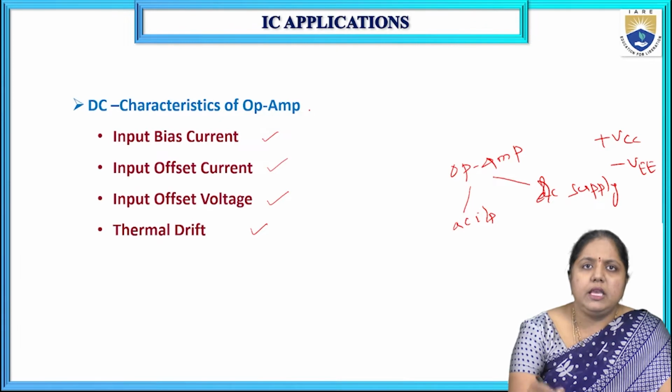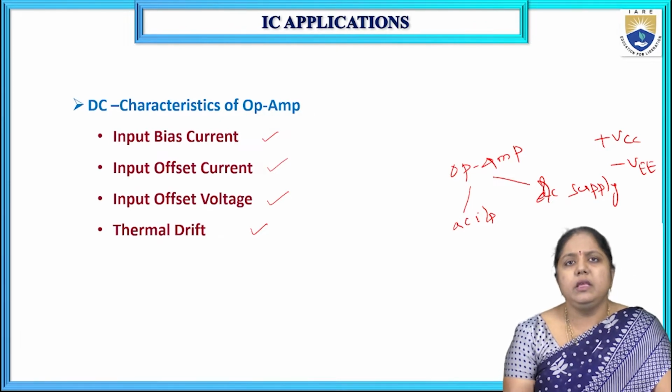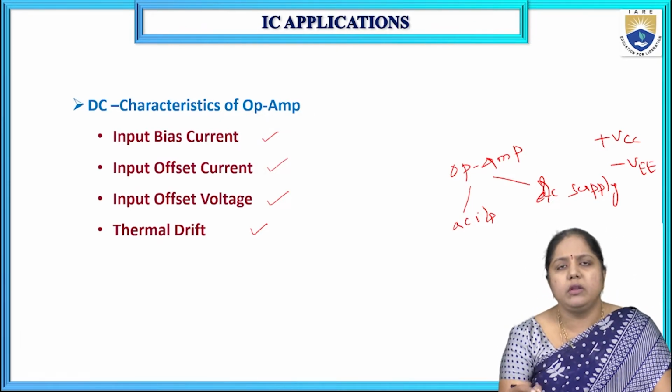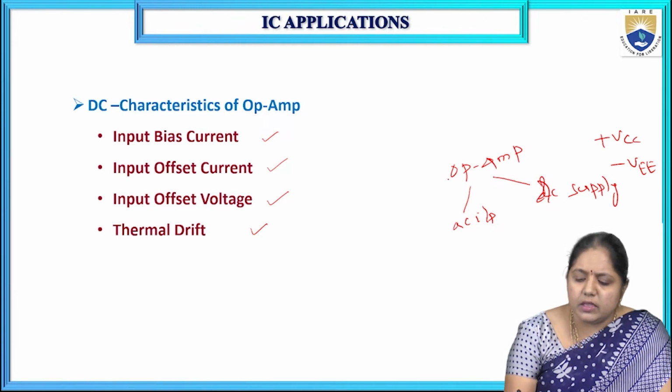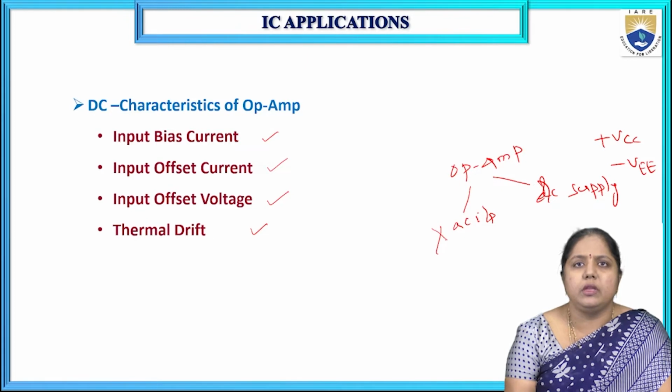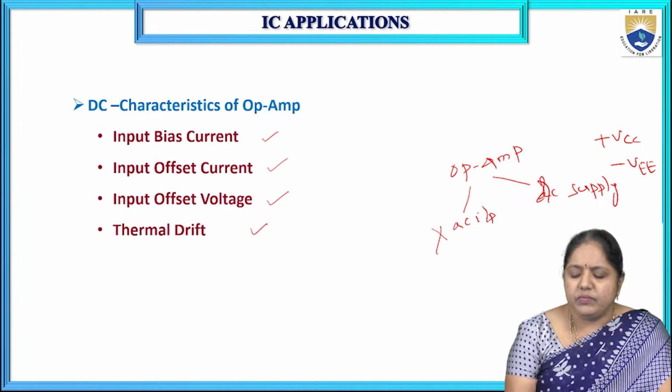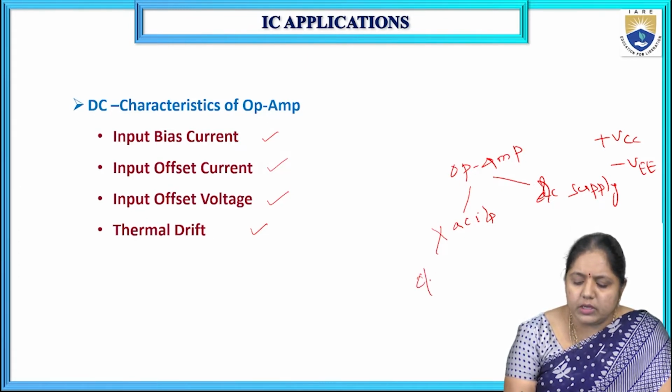Coming to the DC characteristics of the op-amp, suppose I am not giving any AC input signal to the operational amplifier. At that time, the output signal of the op-amp should be 0.